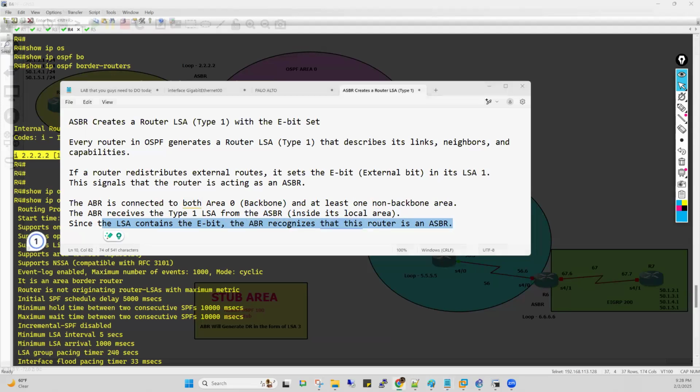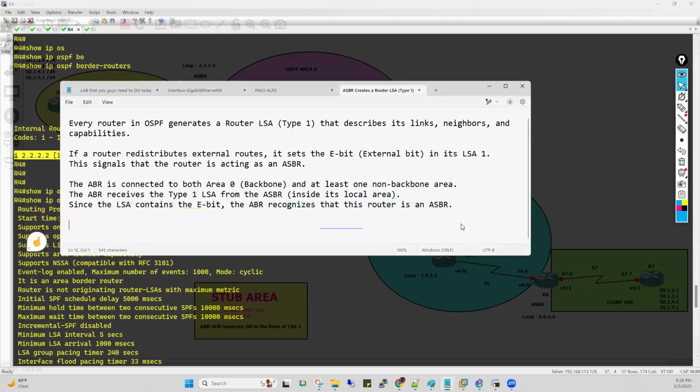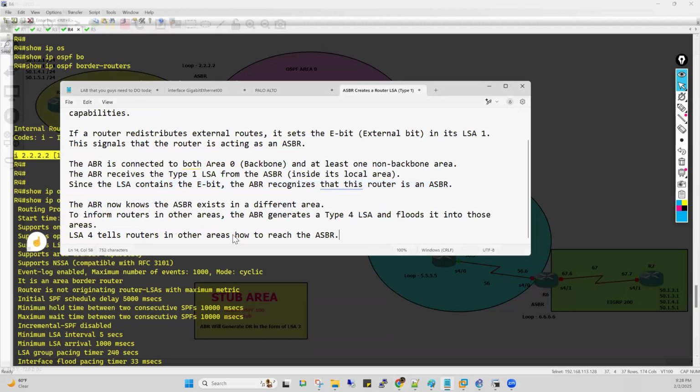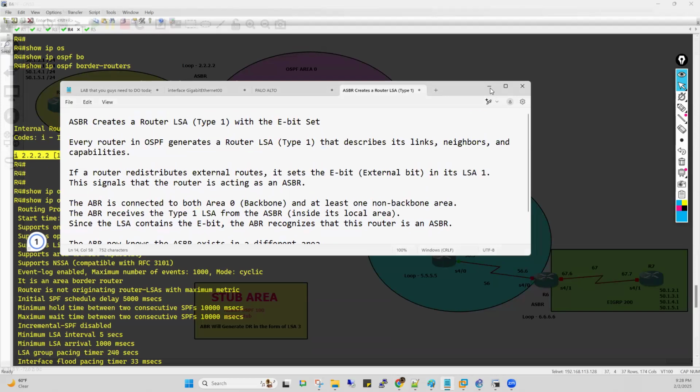Do you still not understand? The last point: the ABR now knows the ASBR exists in a different area. To inform routers in other areas, the ABR will generate the type 4. That is a different thing.